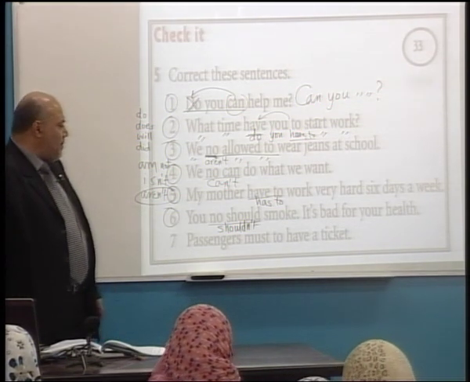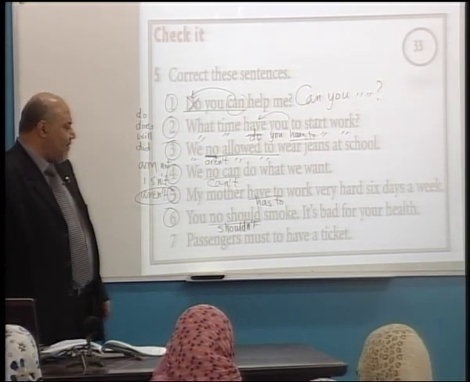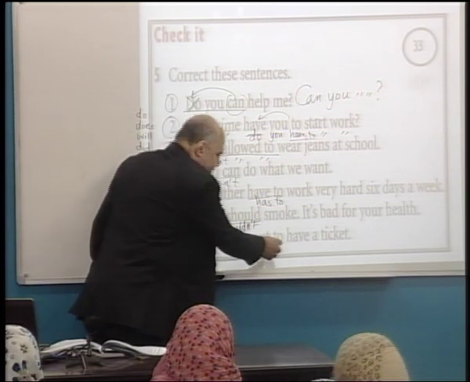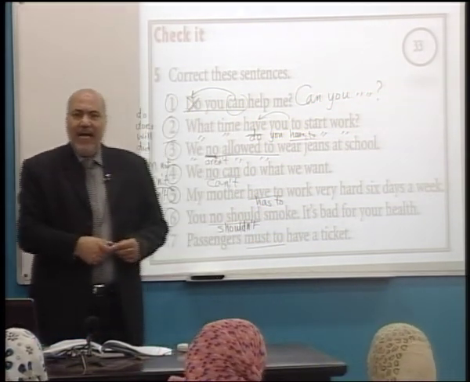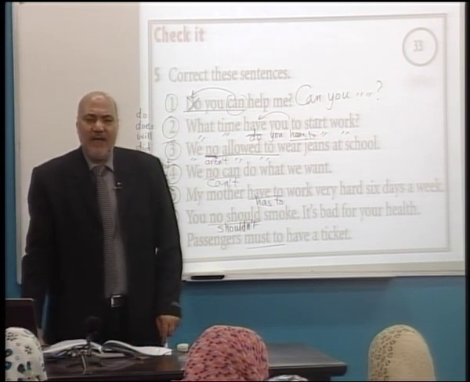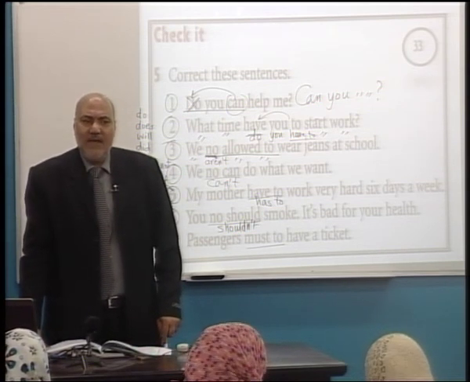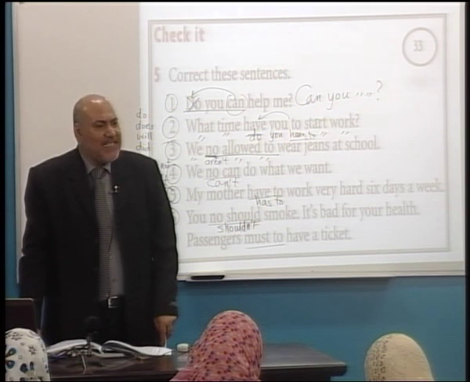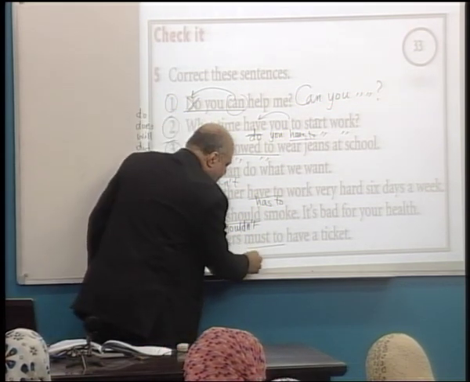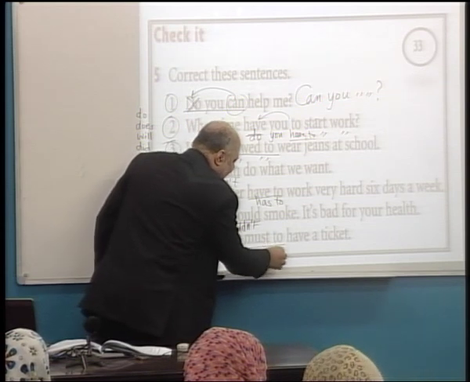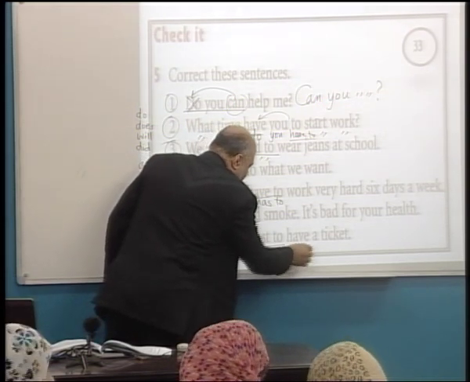Here, passengers must to have a ticket. Must to? No. Must. All the modal verbs do not take to. So we say must have without to.